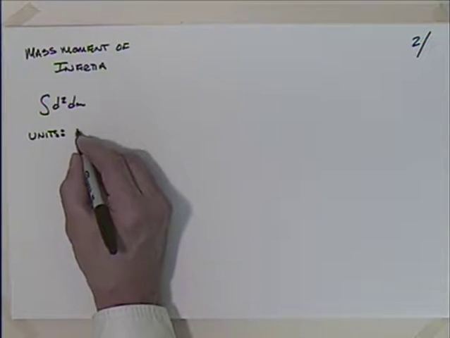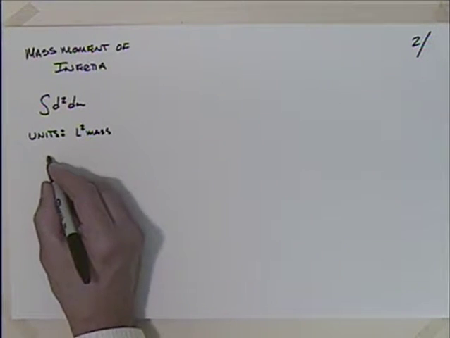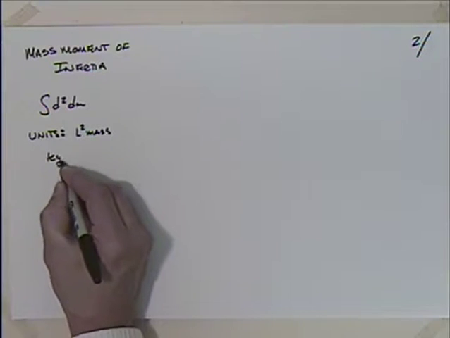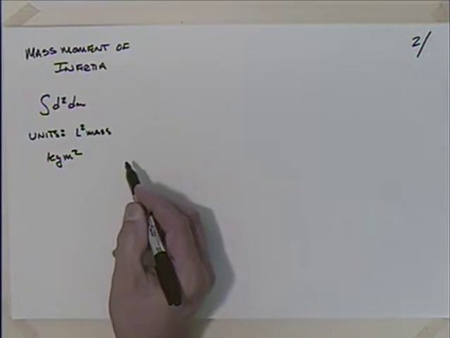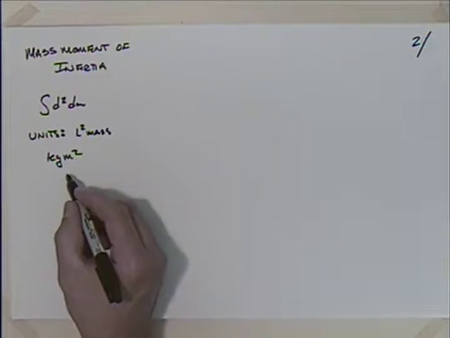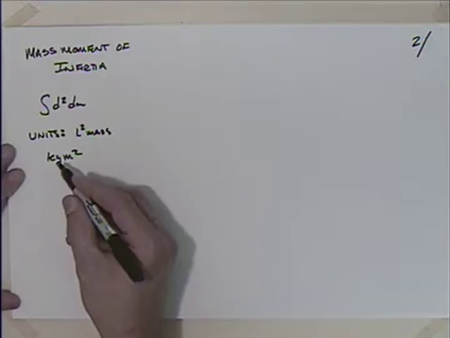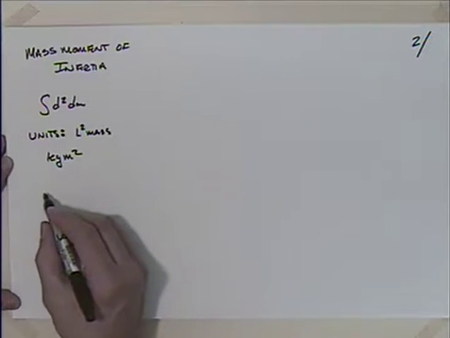So let's see, we'd say length squared times mass. So you might have kilogram meters squared would be a common one. What this really tells us is how the mass is distributed about some axes.